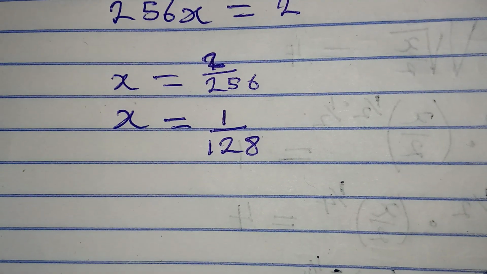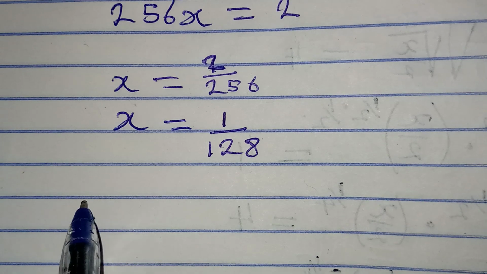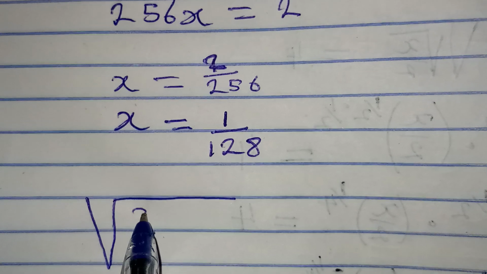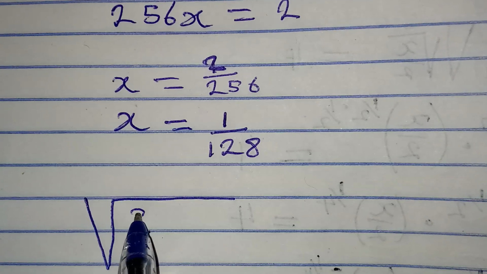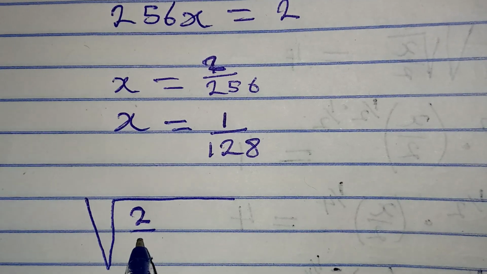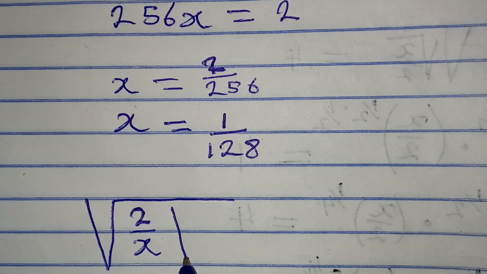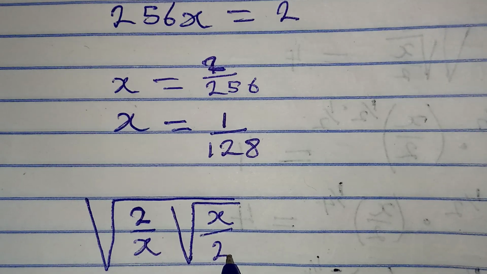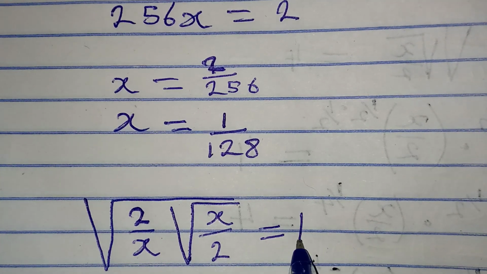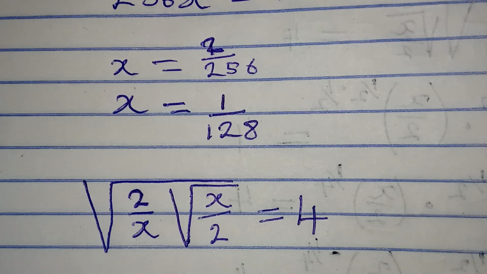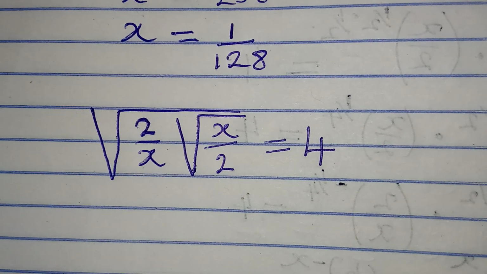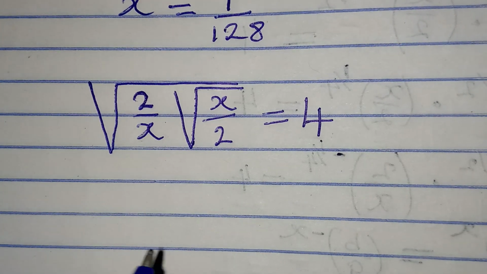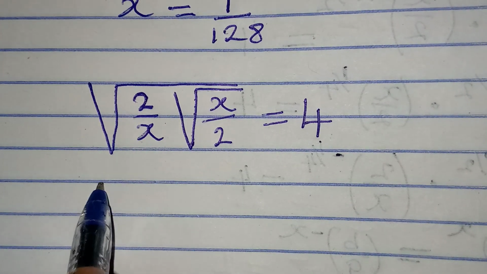But then, are we correct in our working? Remember, the original equation is the square root of 2 over x, then the square root of x over 2, equal to 4. Are we going to be correct if we substitute this value of x into the equation? Let's give it a try.